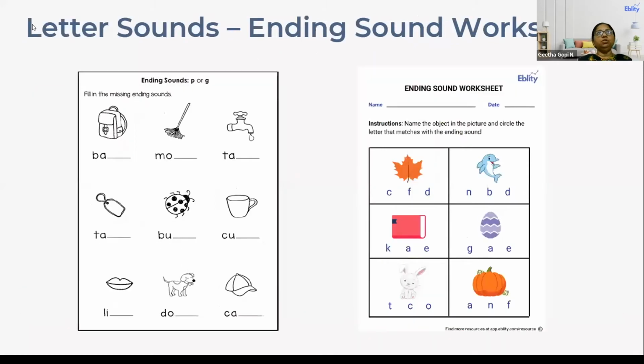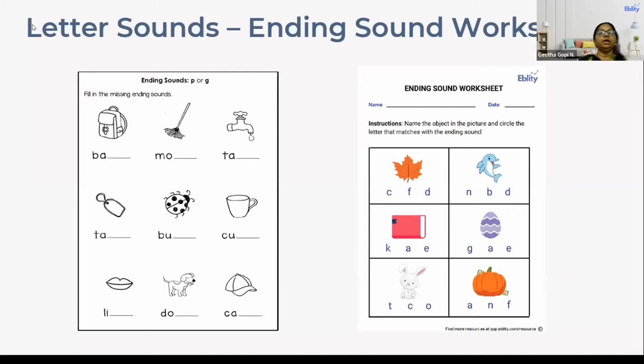Now we talked about the beginning sound worksheets. Now these are the ending sound worksheets. So again, being able to recognize what sound comes at the end. This is a slightly more advanced skill as compared to the beginning sounds. Initially, we start with beginning sounds, then we move on to the ending sounds. These are the more commonly followed patterns.